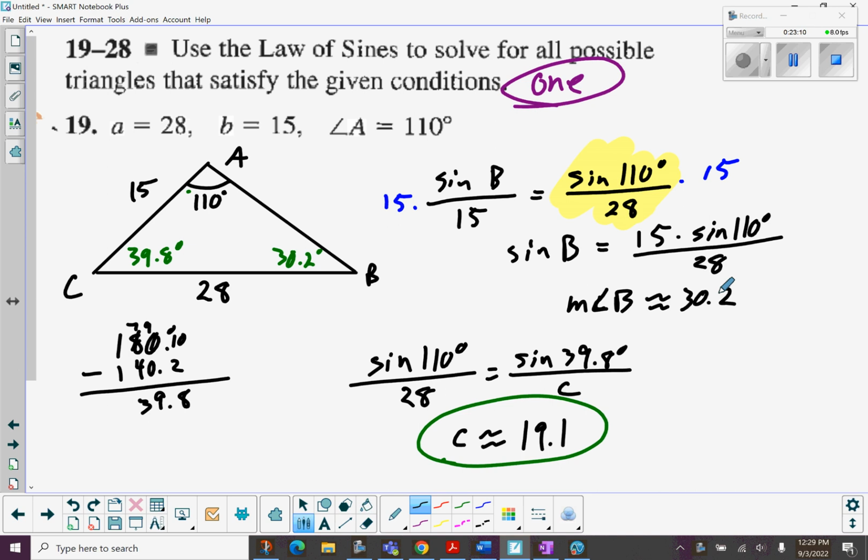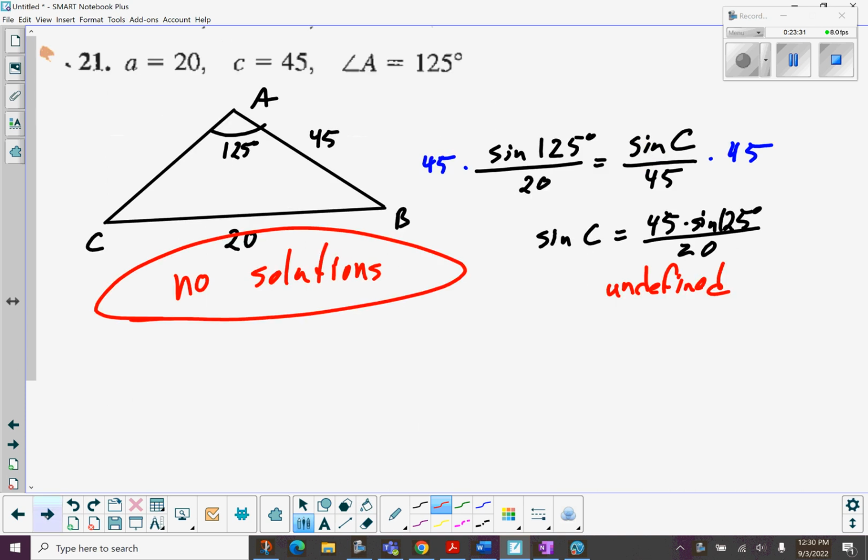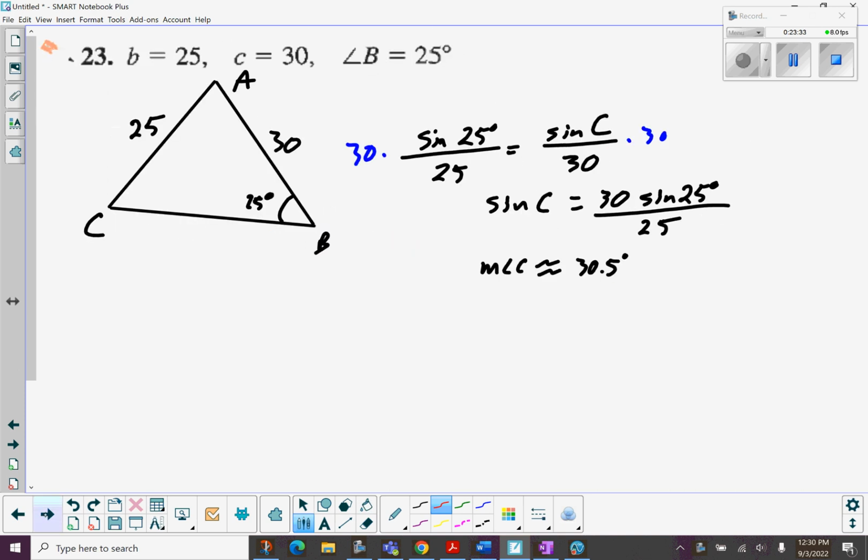We have to consider that it could be acute or it could be obtuse, because second quadrant, where you're going to find obtuse angles, sine is also positive. But for number 19, the first angle was obtuse. There's no way that we were going to get another answer here with an obtuse angle. One solution.